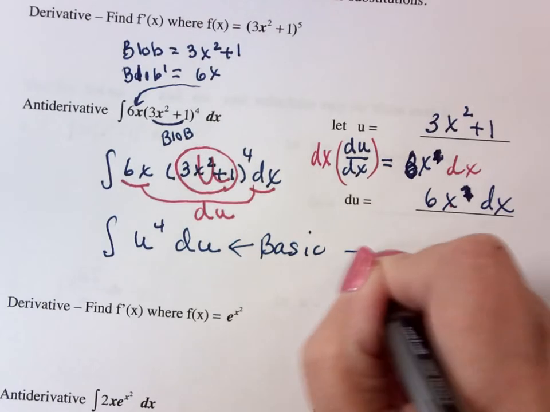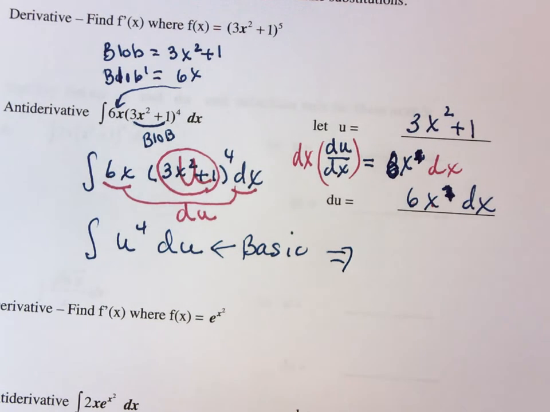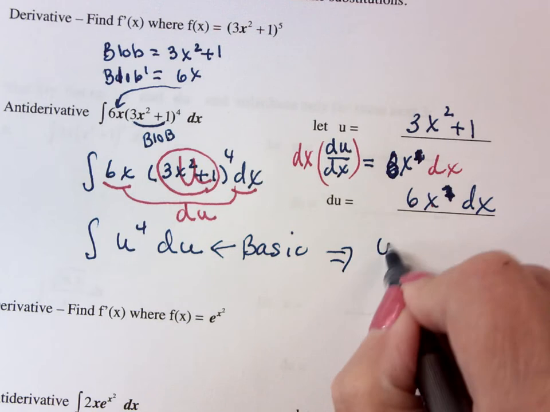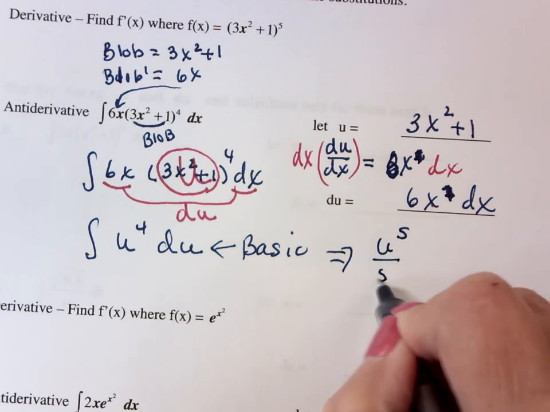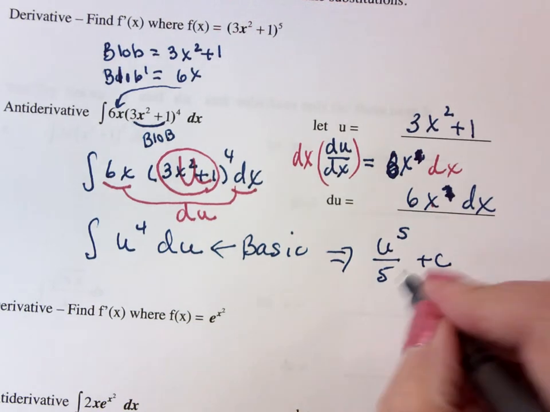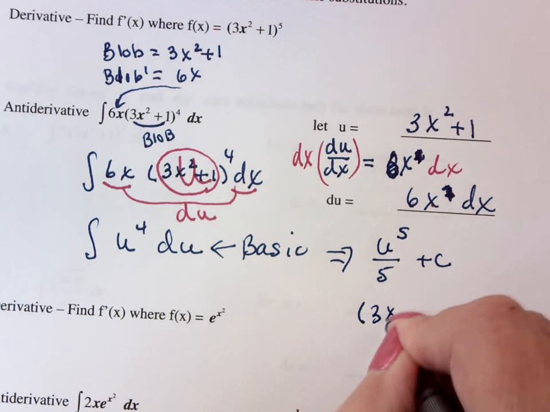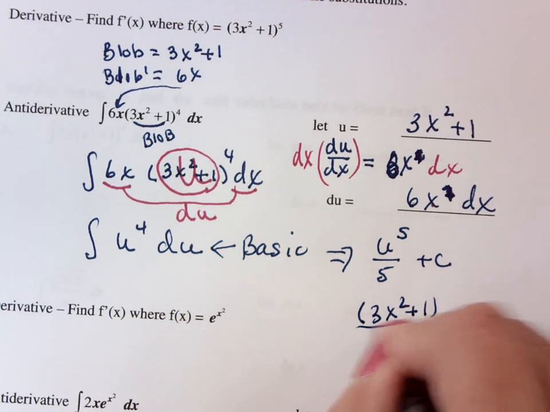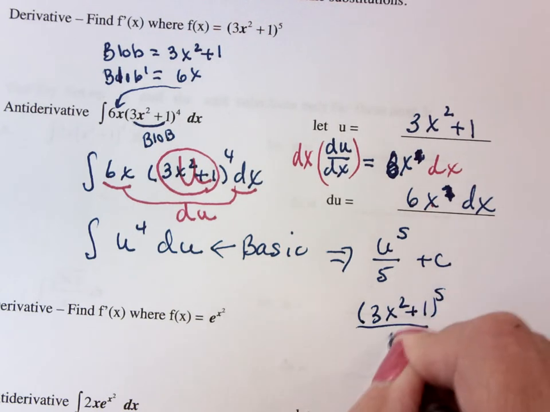If I want to go further, I integrate it out. This is u to the 5 over 5 plus c. That's going to be 3x squared plus 1 to the 5th over 5 plus c.